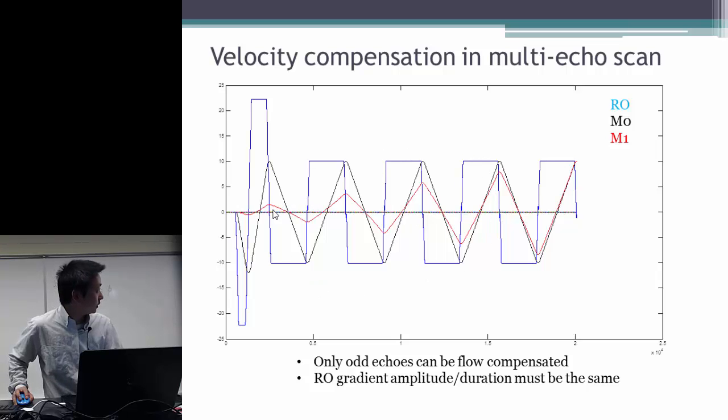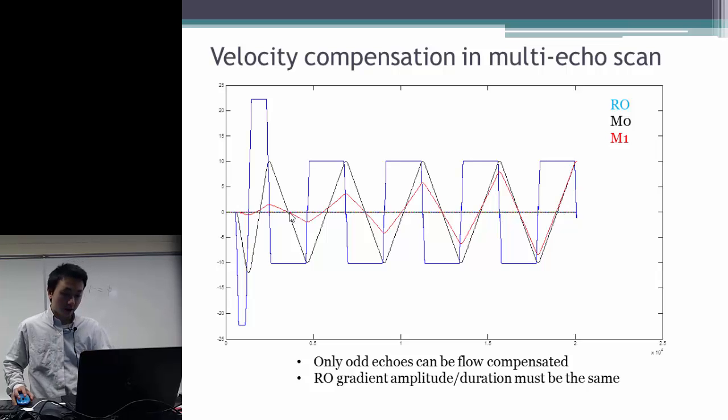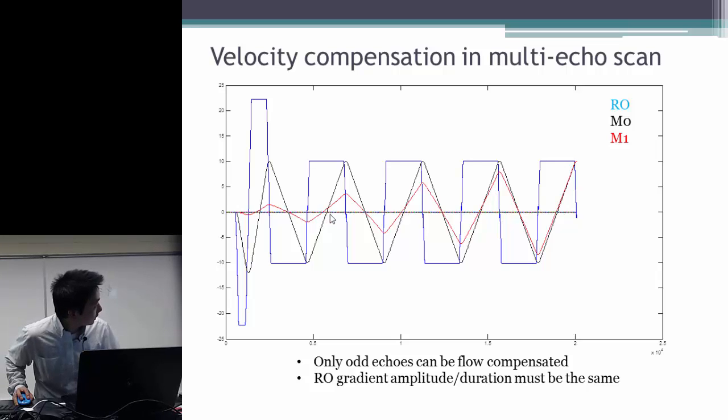But for the first gradient moment, these two are the phase flow compensation gradients. This is the first readout. For the first readout, its first-order gradient moment is zero. But for the second readout, it is not zero at the center of the echo.